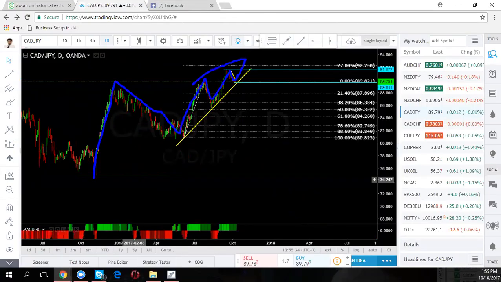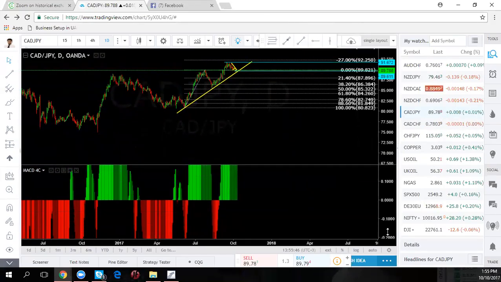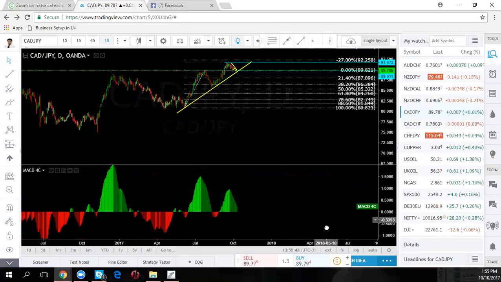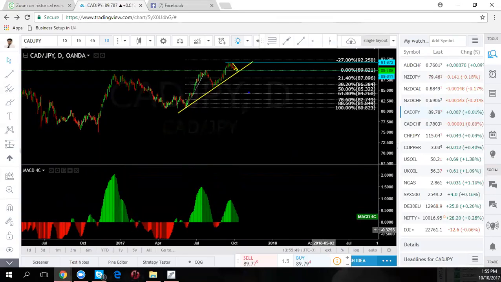Can we make an ending diagonal here? Here is a good idea. Can this piece turn into an ending diagonal? Can this piece actually go back one more up? Let's go like this, one more up here, and then come down. See? So one of the things we notice with ending diagonals is that the MACD is going to start to die out.